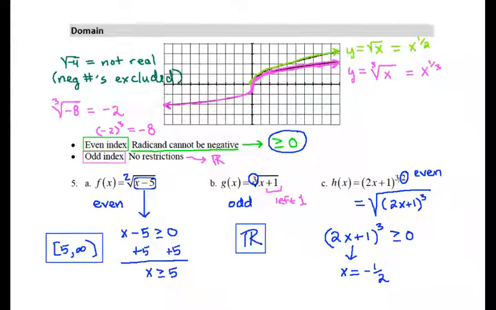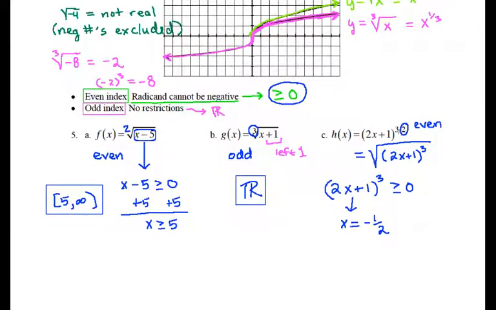This is a polynomial inequality that we're solving. So we want to think about where 2x plus 1 cubed is positive and where it is negative.